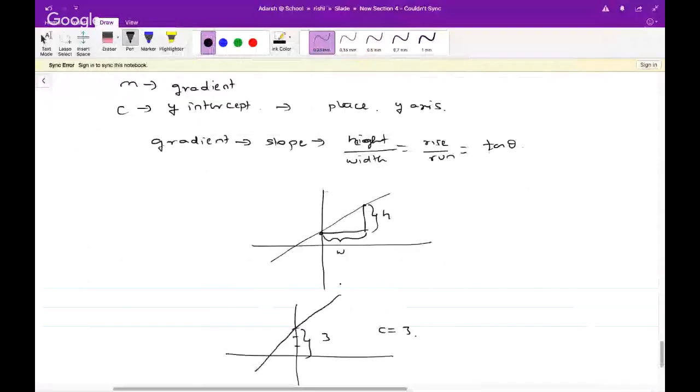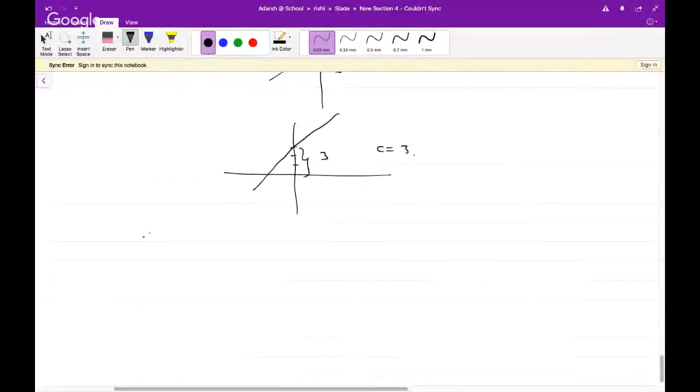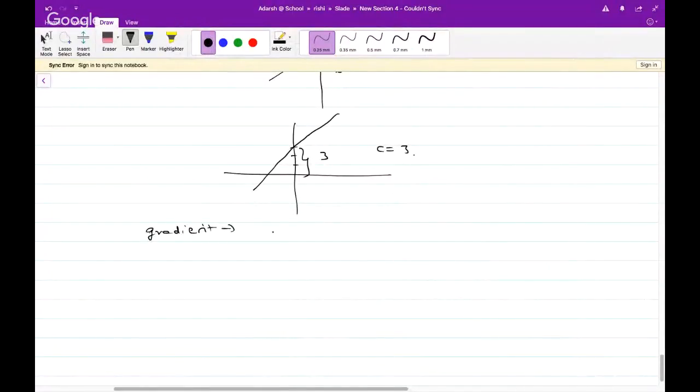Now what all do we need to know? What is the meaning of gradient? So gradient is the slope or rise over run. Or, if there are 2 points A and B, let me call A as x1 y1, and the coordinates of B as x2 and y2.